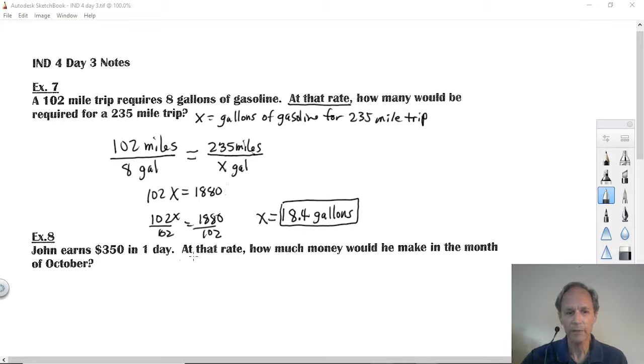Okay, so we know how we're going to make our equation. We should set our variable first, though. Let's use x again. X equals dollars he makes in October.